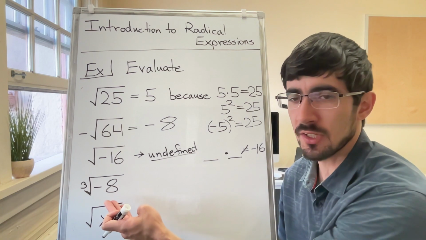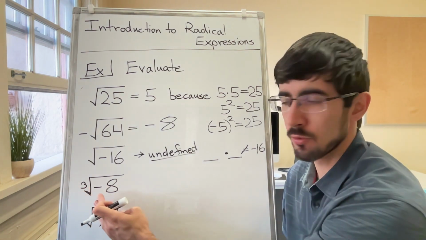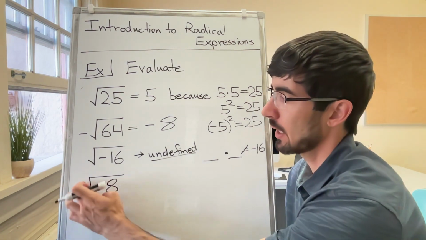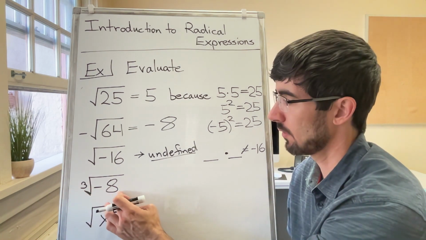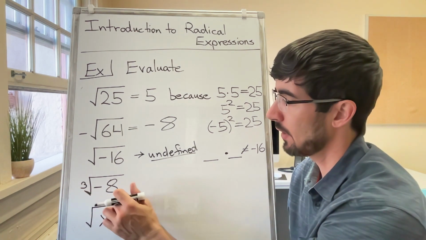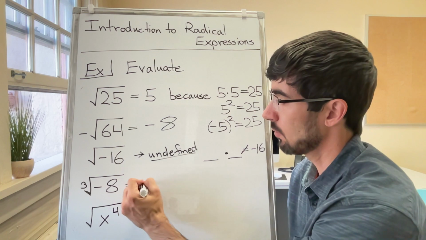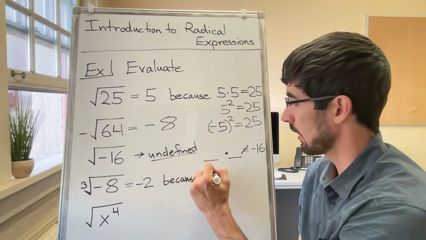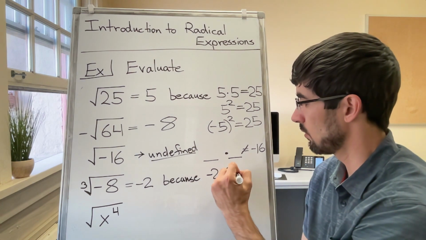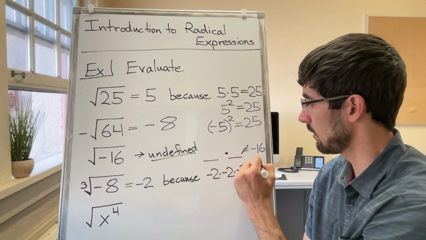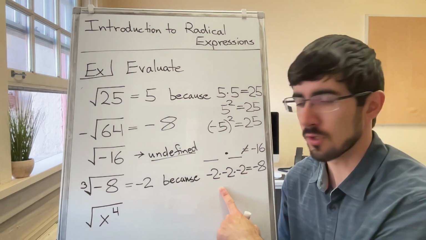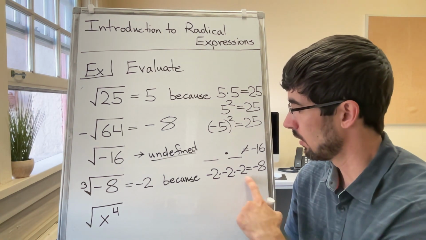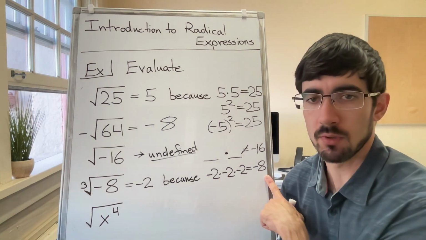However, that changes when we go on to a cube root of a negative number or any odd root of a negative number. The cube root of negative 8 is defined. It equals negative 2. And the reason is because negative 2 times negative 2 times negative 2 does equal negative 8. So we can multiply a negative number an odd number of times to equal a negative.